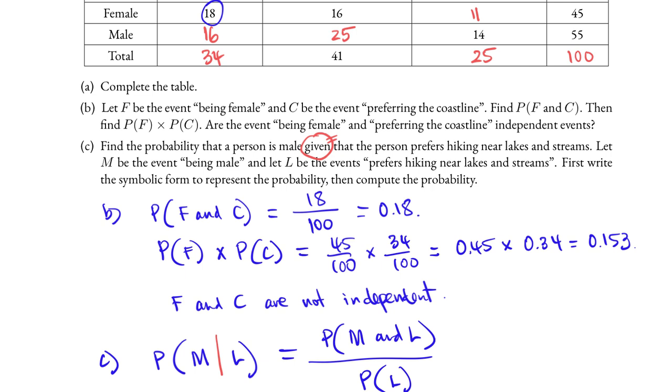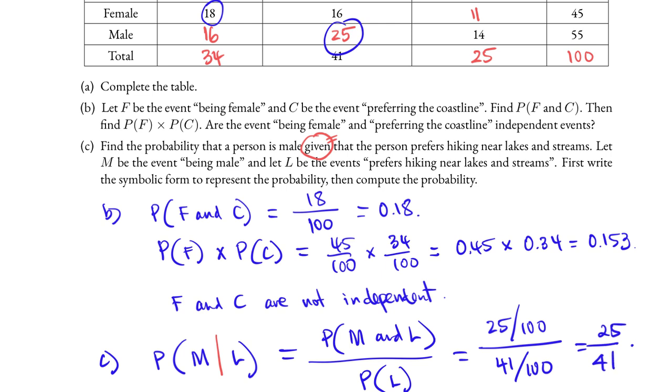And so that probability itself is 25 divided by 100, over the probability of L, which is the probability near lakes and streams. The total is 41, and then out of the grand total is 100. This is 25 over 41 because the 100 cancels out, and so we have 25 over 41.